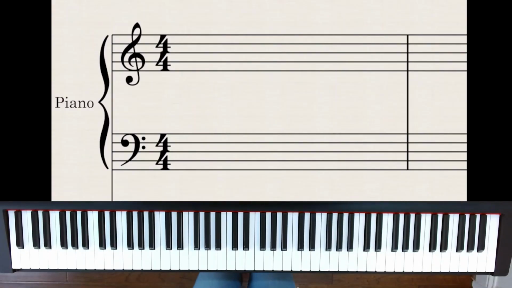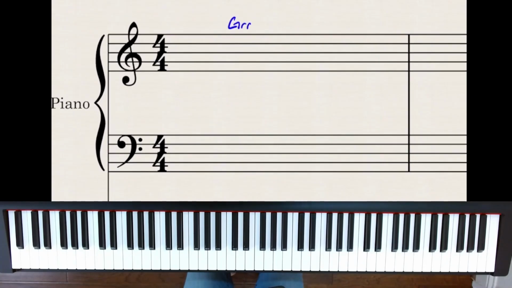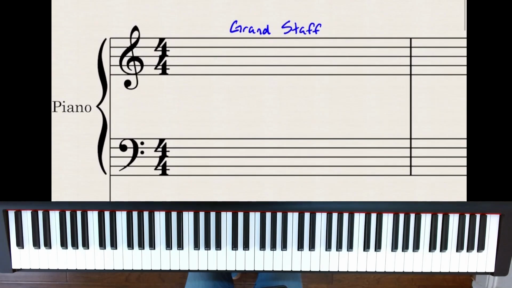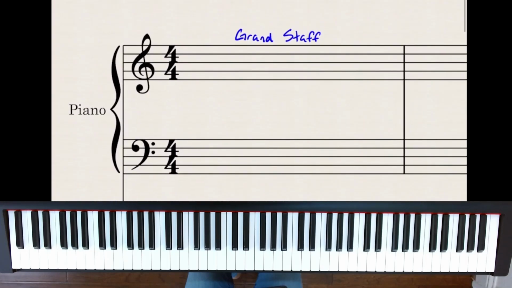Okay, so what we're looking at here is what's called the grand staff. And the grand staff has a few different symbols on it. One of the symbols is what's called a treble clef.